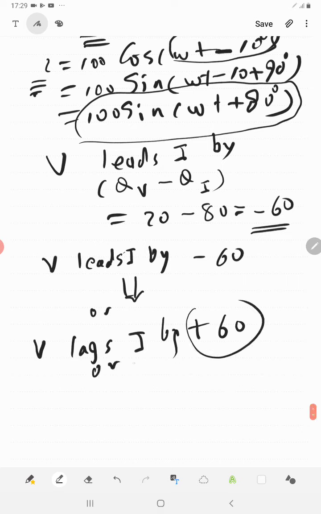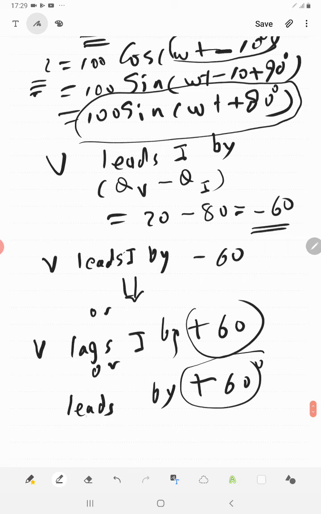Or, if I don't want to change the leads to lags and want to keep the leads as it is, then I must swap V and I and say I leads V by plus 60 degrees. This is correct. This is correct. Anyone you choose of them is fine. Okay?